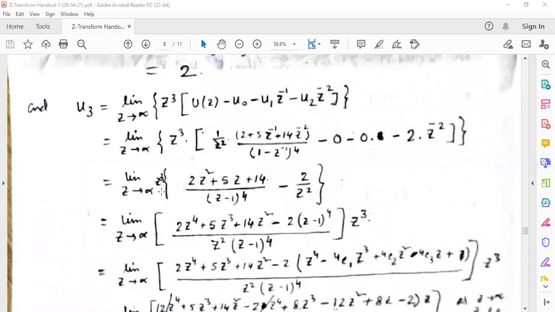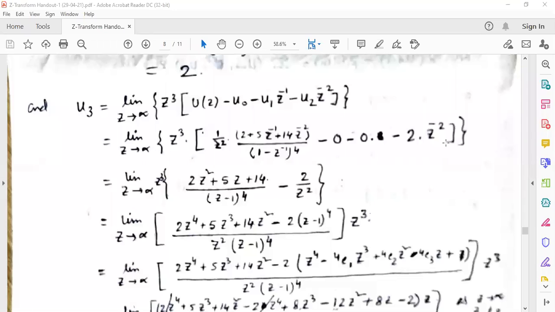Look at here. So limit z tends to infinity z cube into 1 by z square into this one. We are just putting the value of uz: 2z square plus 5z plus 14 over z minus 1 whole to the power 4, minus 2 by z square.